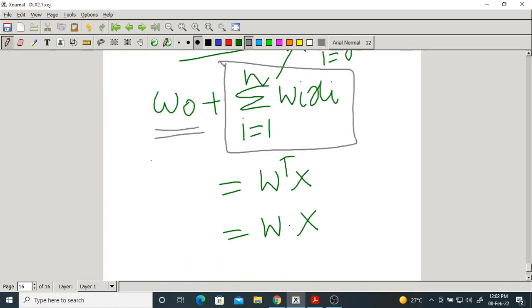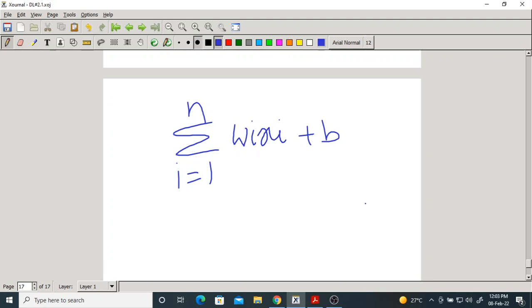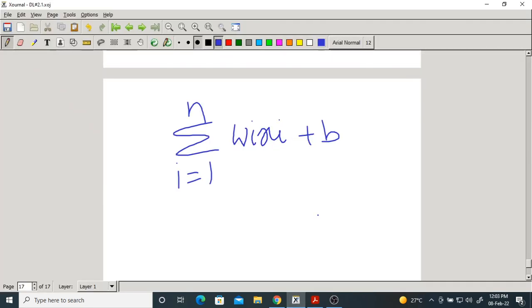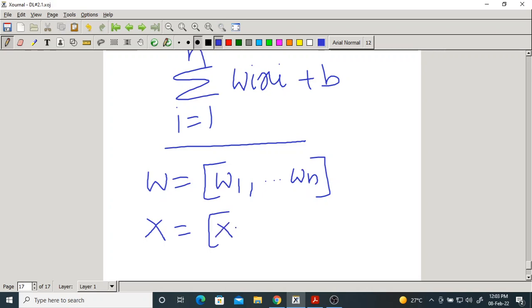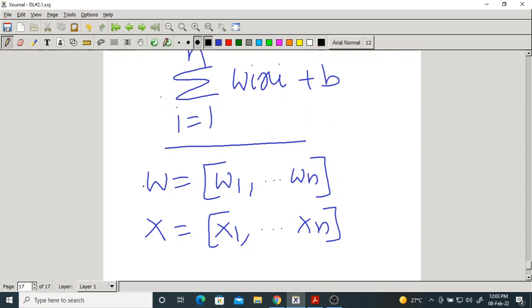Okay. Suppose this is b. Then the final weighted sum would be summation i equal to 1 to n omega i xi plus b. Or if you take omega as w1 so on wn, and x equal to x1 so on xn, what is this quantity now?